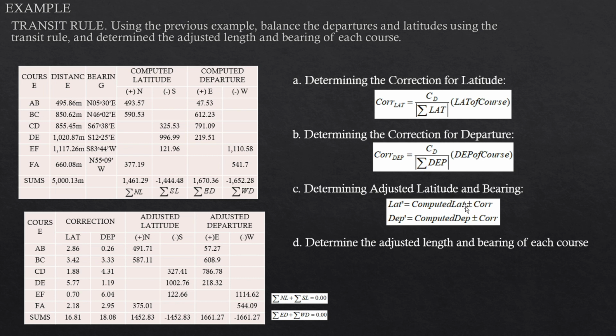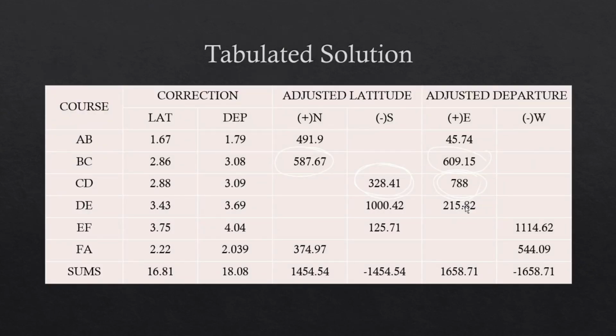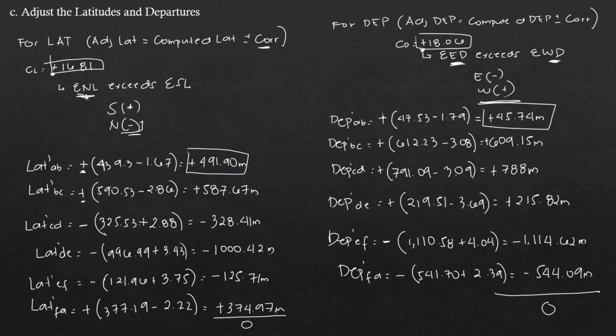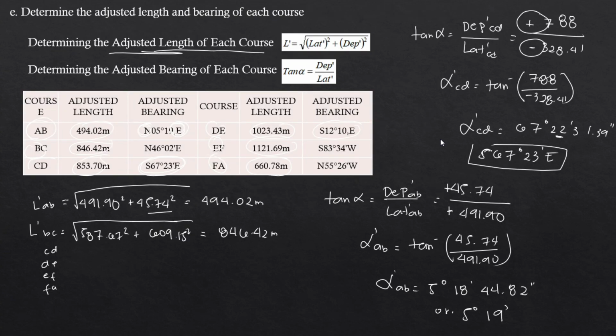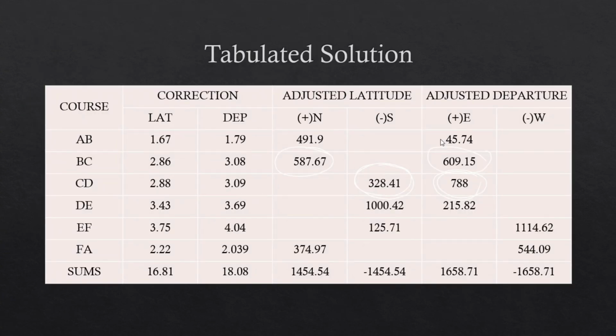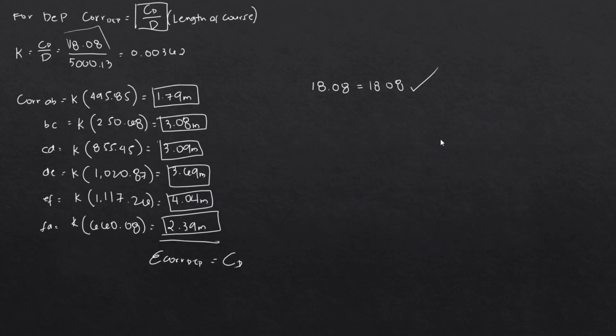Kung yung summation ng north latitude exceeds south latitude, ito siya, parang ganito din. Ayan. Yung south, i-add mo yung correction sa south, ima-minus mo sa north. Ganon din sa departure, east and west. Ang mag-iiba lang dito, etong correction, yun lang.